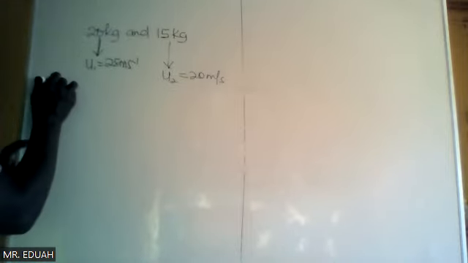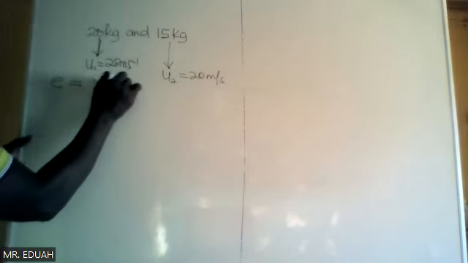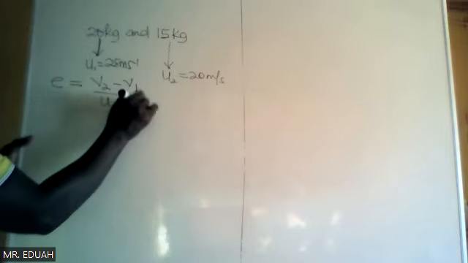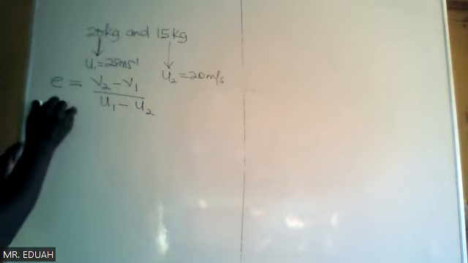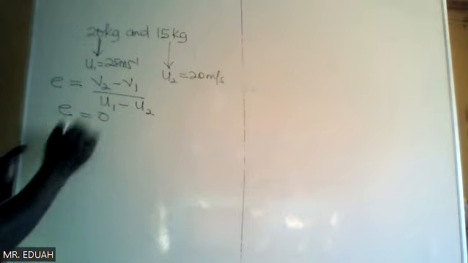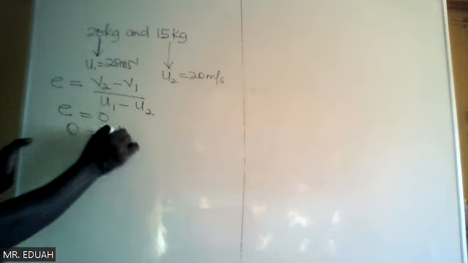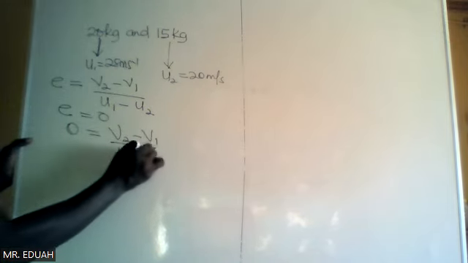You see, if you use the coefficient of restitution formula, e equals V2 minus V1 on U1 minus U2. If it's a perfectly inelastic collision, e is equal to 0. So 0 will be equal to V2 minus V1 on U1 minus U2.